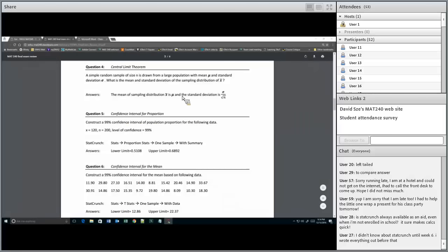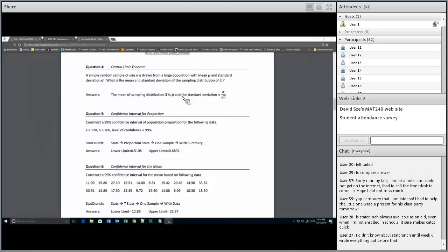Oh, I see there's a question. Is StatCrunch always available as an aid even when I'm not enrolled? Yes, it is, but I think your subscription is probably going to expire soon. I don't know how long it is, but you can access it later. Yes, I think they have a monthly subscription and it's not very expensive. It's not that expensive at all.